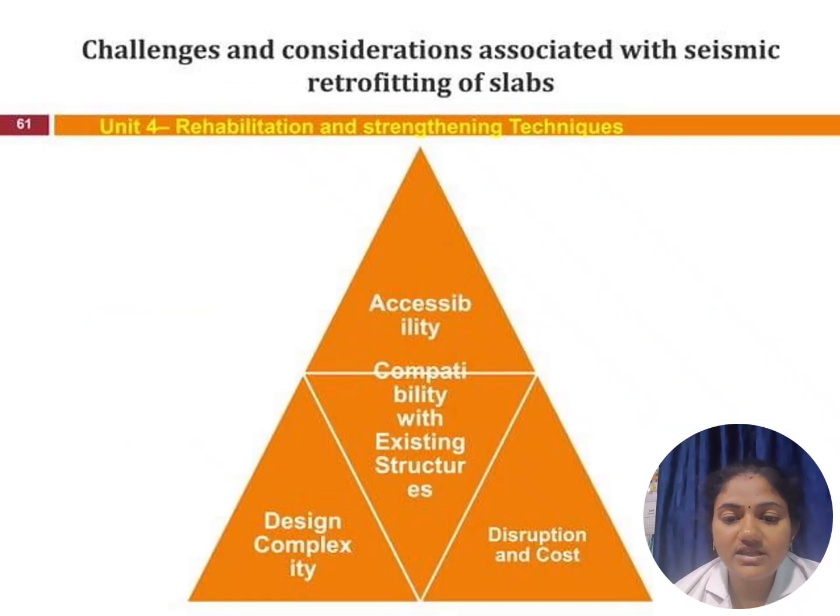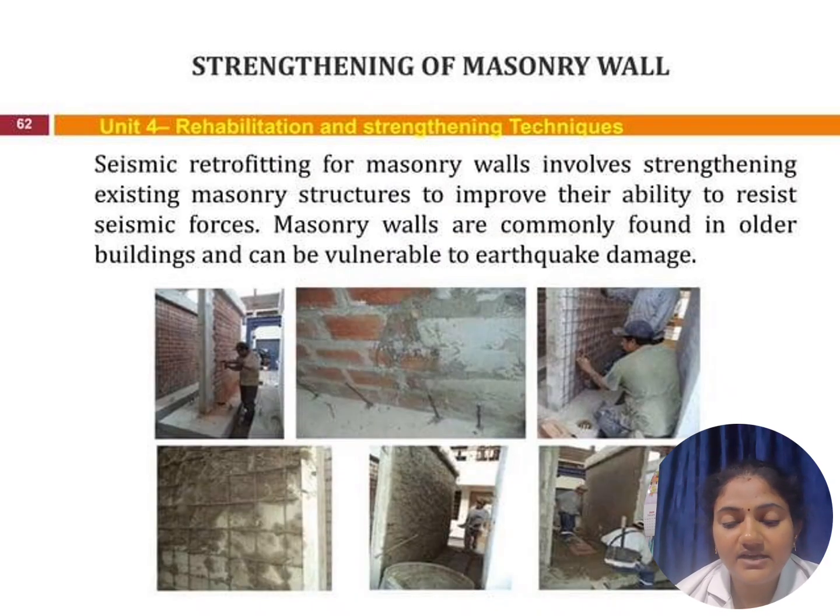And challenges and considerations associated with the seismic retrofitting of slabs include accessibility, disruption, cost, and design complexity. And strengthening of masonry walls, here we are strengthening the masonry walls so they are able to resist the seismic forces, where earthquake damage is common.